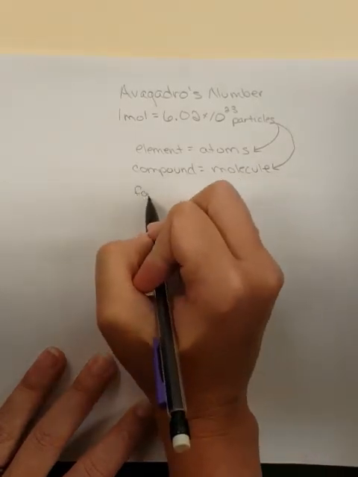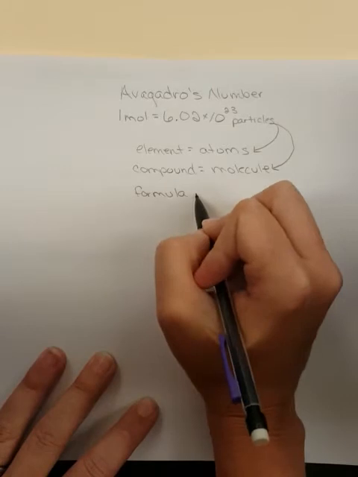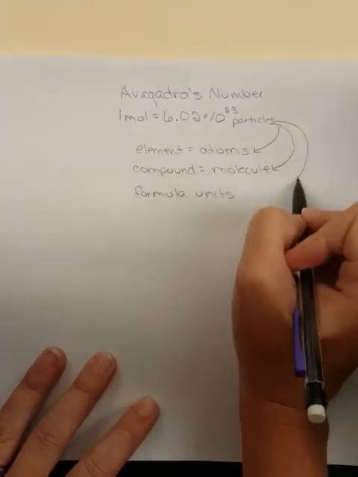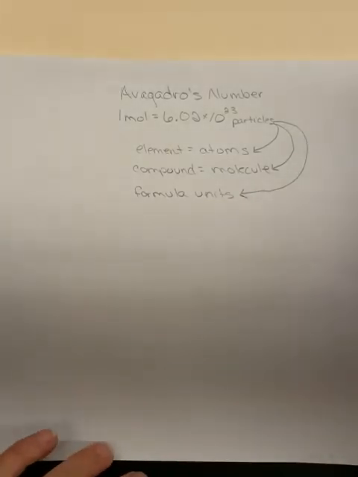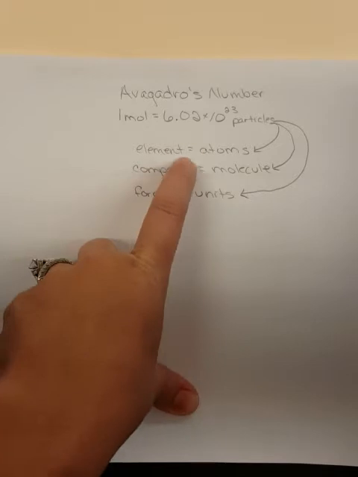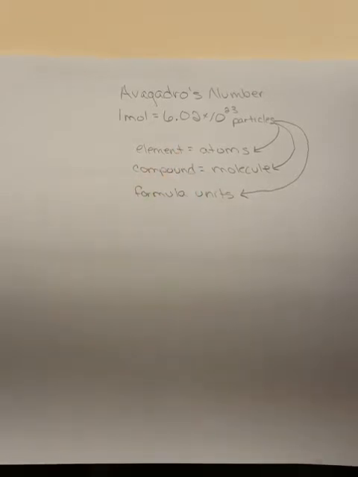It can also be used for something called formula units, and that's just units that we use so that we don't have to differentiate if it's an element or a compound. So if it's just some imaginary substance and we want to calculate whatever it is, we can just put formula units on there.